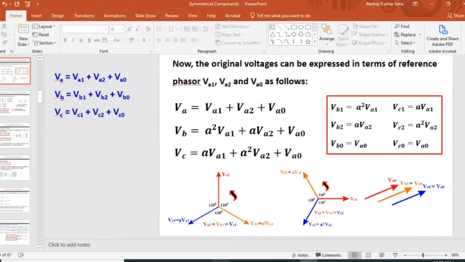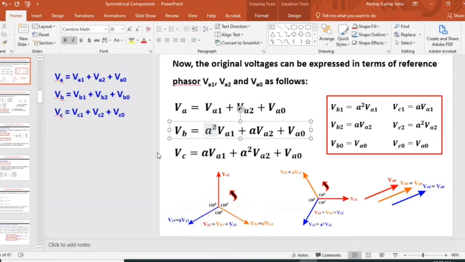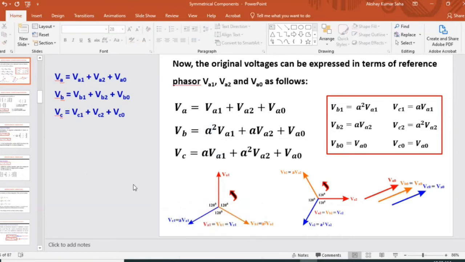Now from this one, we will go to the next step. Is it clear to everyone how these equations are now showing the phase voltages of A, B, and C? All the voltages on the right hand side of the equations are in terms of the reference phasor of phase A, either VA1, VA2, or VA0.